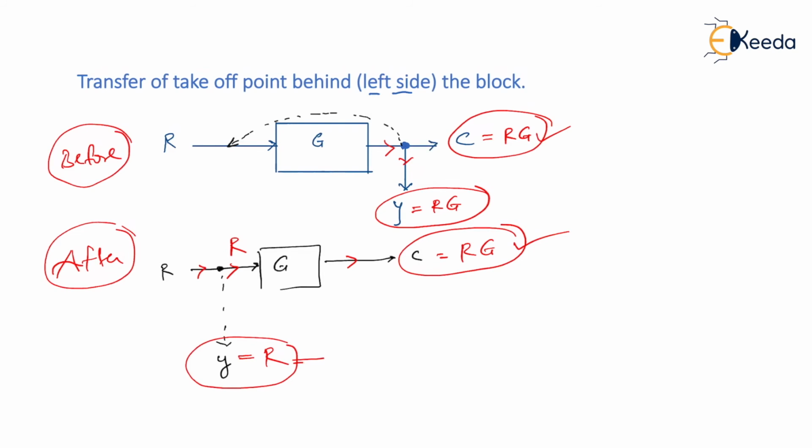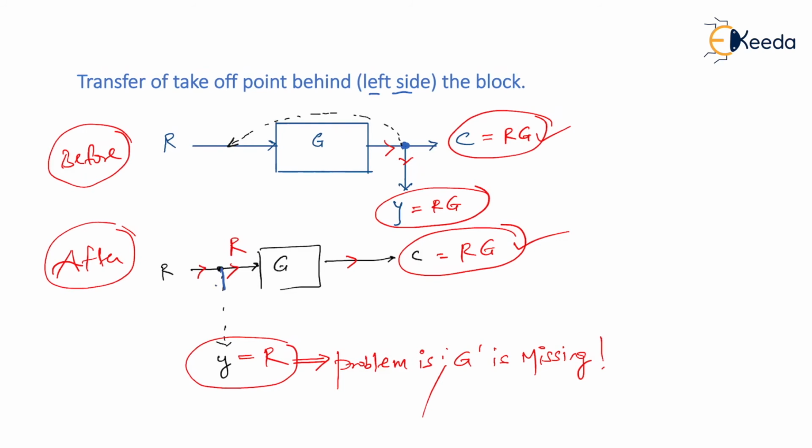So here the problem is, what is missing? G is missing. To have that extra G, again you have to add an extra block. That's the only solution.